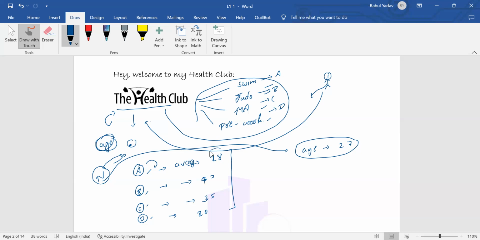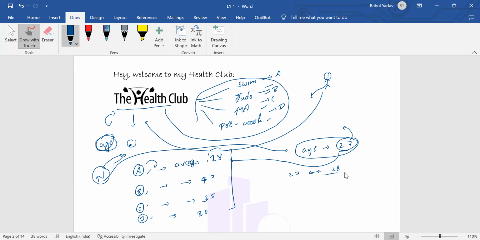I have the averages as 28, 47, 35, 20. Seeing that 27 is the age of this new entry, I will tend to give him class A. You are suitable for class A because all the people in class A have an average age of 28, and your age of 27 is very close to 28. So you will fit fine in this class.